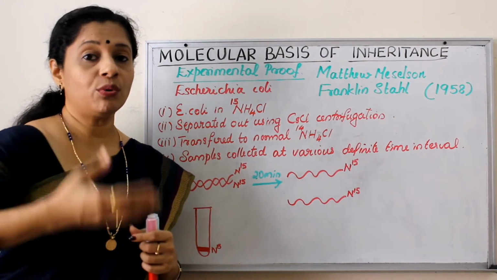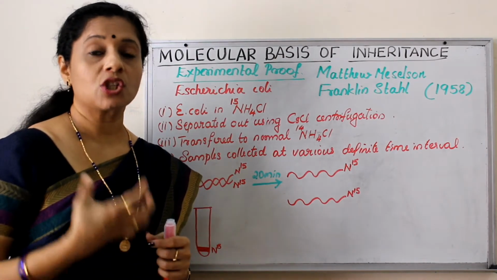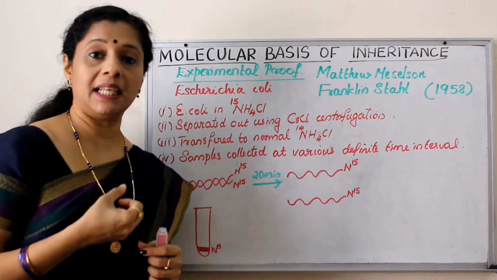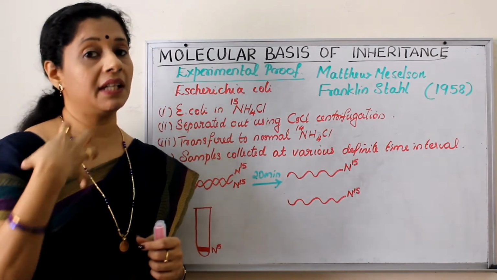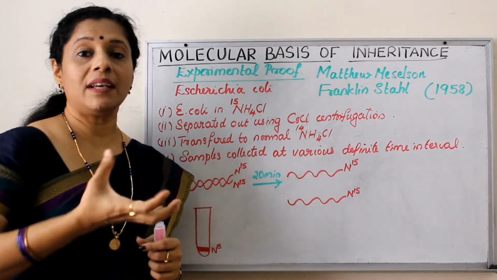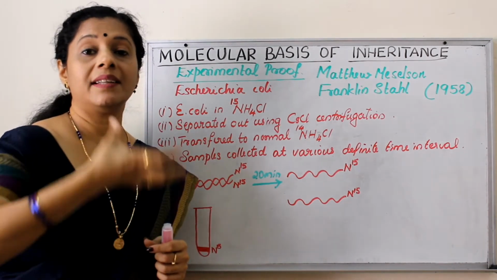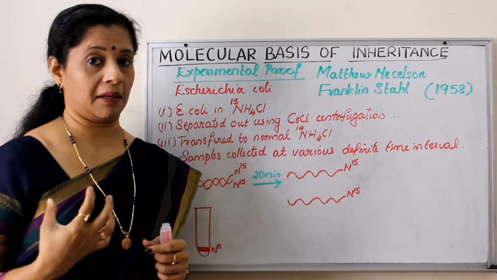So we know when new DNA strands are being formed, they need nitrogen bases. So the nitrogen will be taken from the medium. So naturally, only N15 is available, so they will be taking up only N15. So eventually in their body the newly formed DNA will have N15.